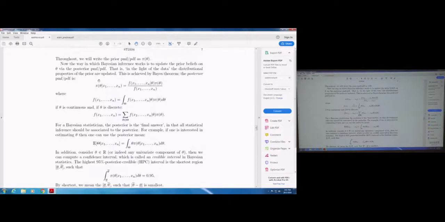So the idea is that Bayes theorem for this type of statistical inference is like this. You have a likelihood function, which we already had in our classical statistics. And before you see the data, you have a probability distribution pi of theta, which is called the prior.